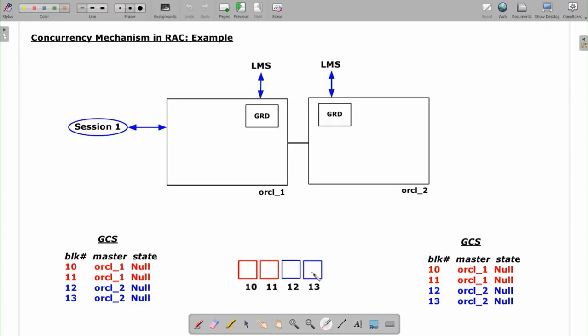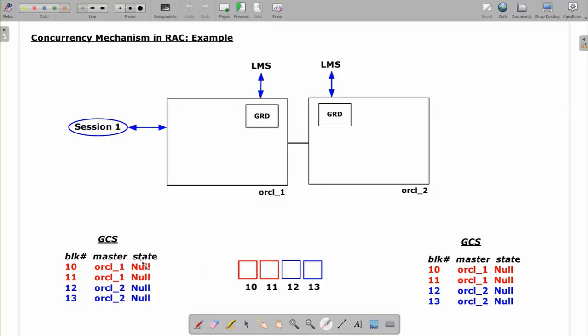When the first instance accesses the resource, which is an object, the ownership is distributed. For example, block numbers 10 and 11 have metadata that can be modified by instance 1, so each master is the ORCL1 instance. And blocks 12 and 13 are owned by instance 2, meaning that metadata can be modified by the second instance.